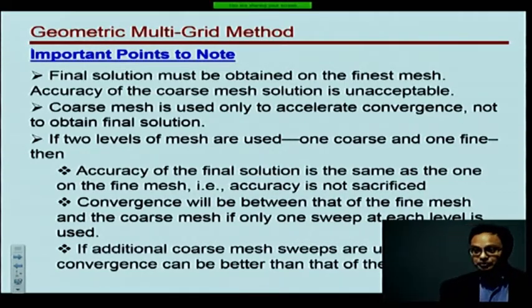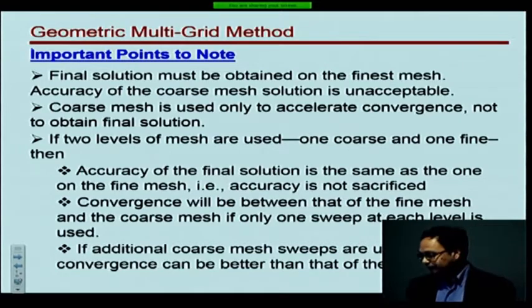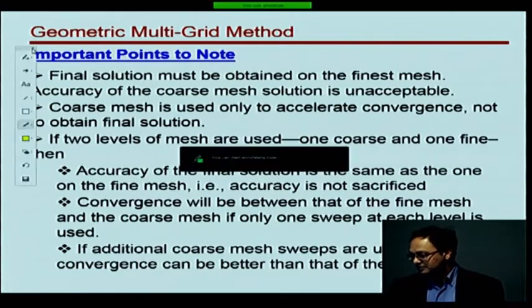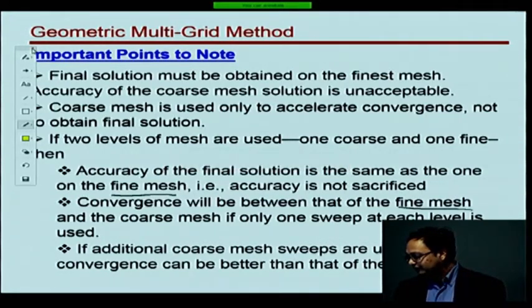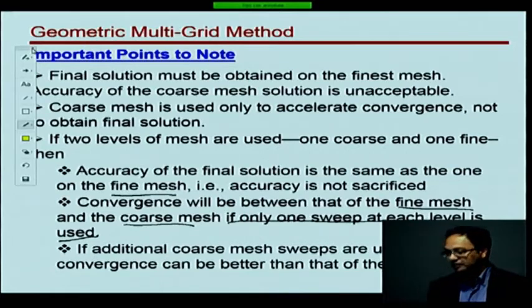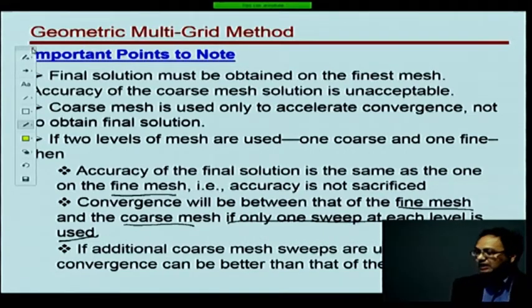Okay, so in the 2-grid multigrid, what happens is the accuracy, of course, is the same as the fine mesh. Okay, convergence will be between that of the fine mesh and the coarse mesh if only one sweep at each level is used. Okay, and we'll get to that in a moment, what exactly happens there. Okay, if you use additional coarse mesh sweeps, then convergence can be actually better than the coarse mesh solution.